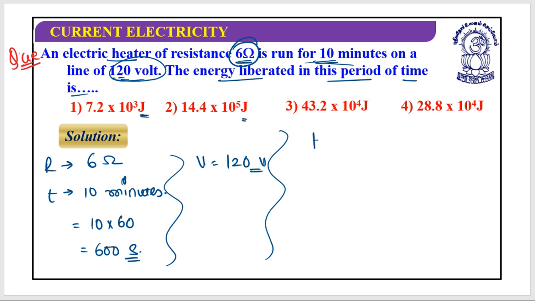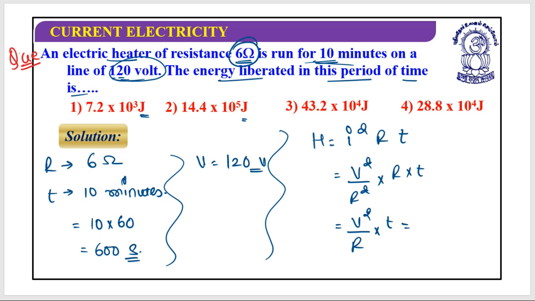How could you do this? We know that H is equal to I square into R into T. Even I can replace the I with V by R, so it becomes V square by R square into R into T. So this could be written as V square by R into T. Now put up the values and get it done. It's 120 whole square, divided by resistance, 6 ohm, and multiplied by time, 600 seconds. So this is 6 into 100. 120 into 120 is 144, multiplied by 10 square, that is 100 multiplied by 100.